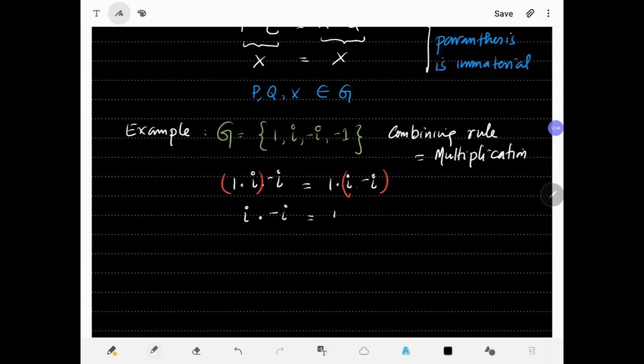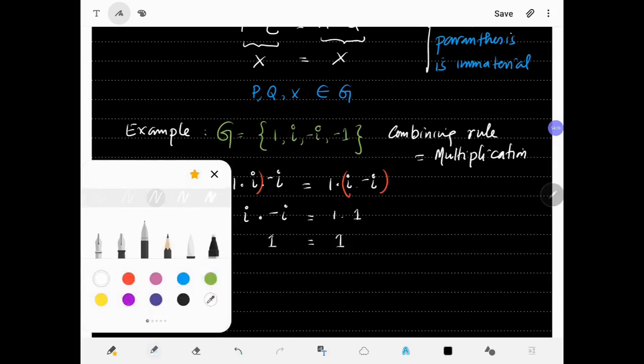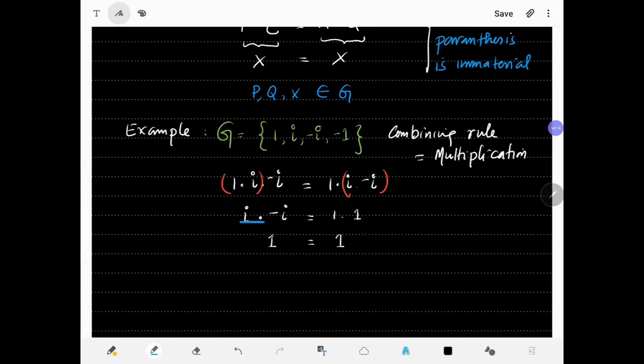When 1 combined with I and I combined with minus I, the 2 elements that we get are different, but both of them are elements of the same group. But when we come to the case of matrices, this becomes more complicated, and we will discuss all those things shortly.